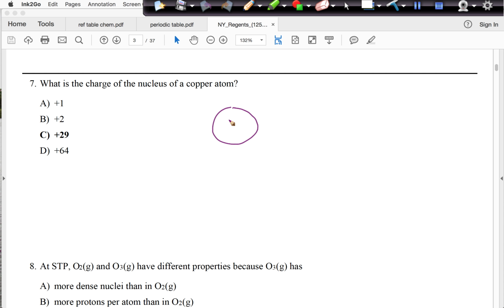So I have my nucleus with 29 protons and some number of neutrons. Now, protons are positive, neutrons have no charge, which means that we have 29 positive charges in the nucleus and then a bunch of neutral charges in the nucleus.